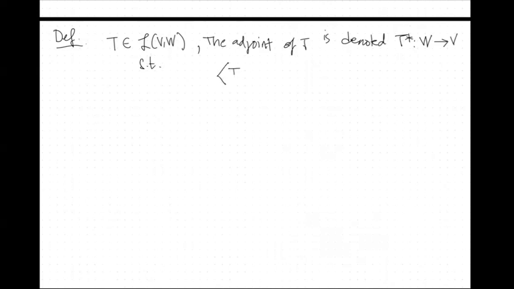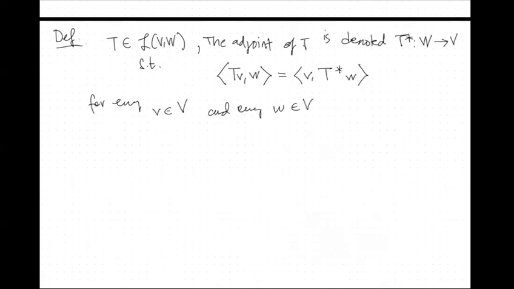The inner product of T v with w is equal to the inner product of v with T star w. This is for every v in the vector space V and every w in the vector space W. Before going further, I would like to mention that the word adjoint, as remarked in the book, may be used in some other sense in other linear algebra books or lectures, but we will not be dealing with them.